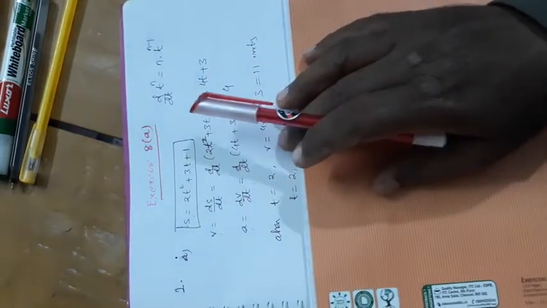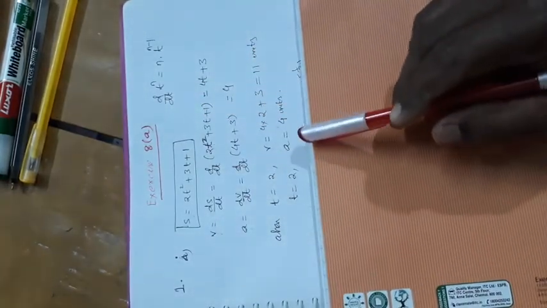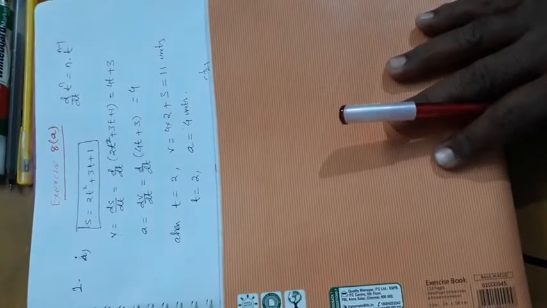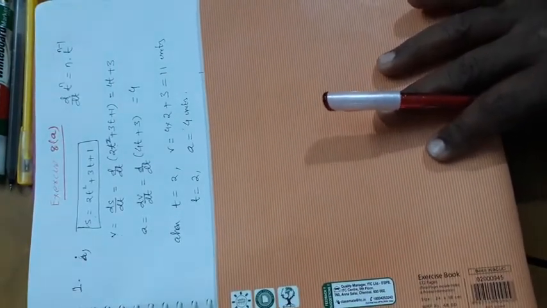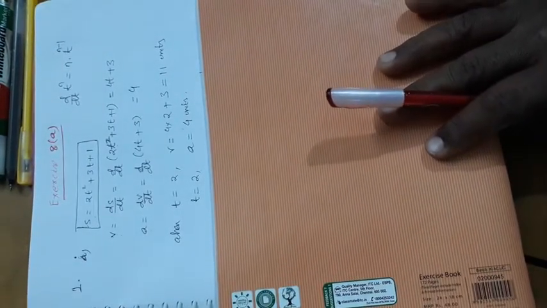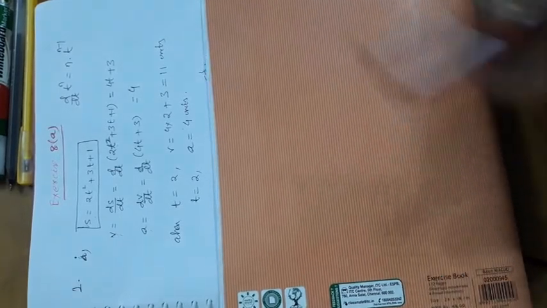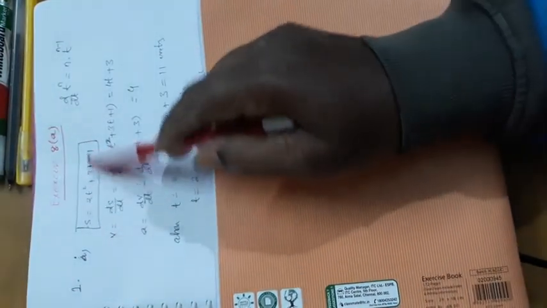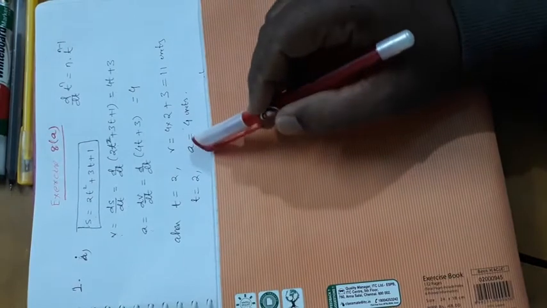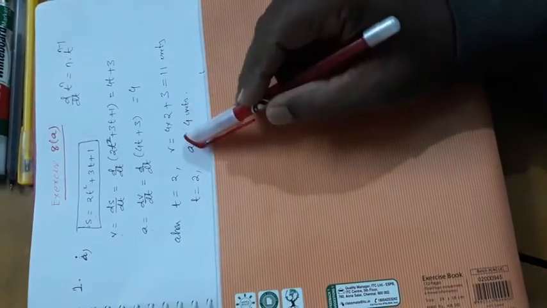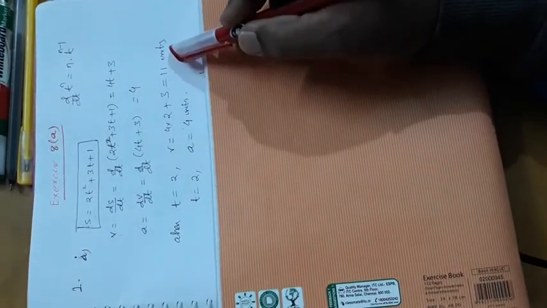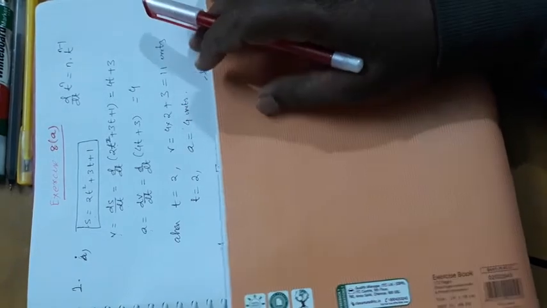Acceleration is 4 units. 4 units means you can tell 4 meter per second square or 4 centimeter per second square. Unit is not given in the problem, so you will write it as units. Velocity is 11 units, and here it is 4 units.